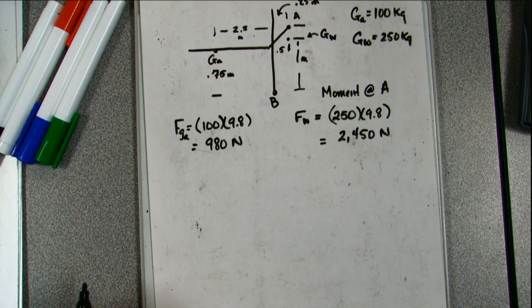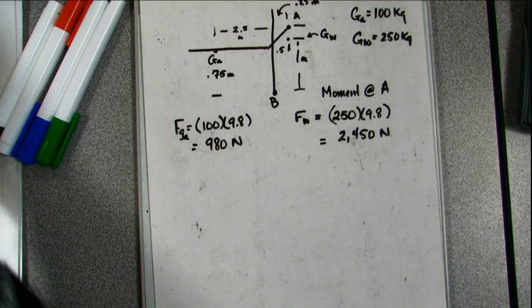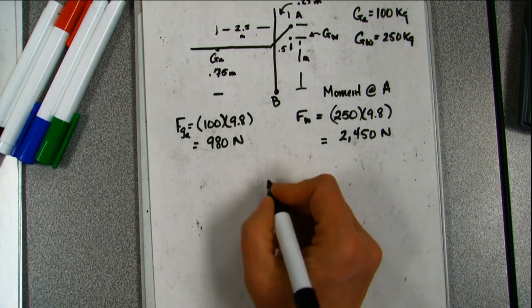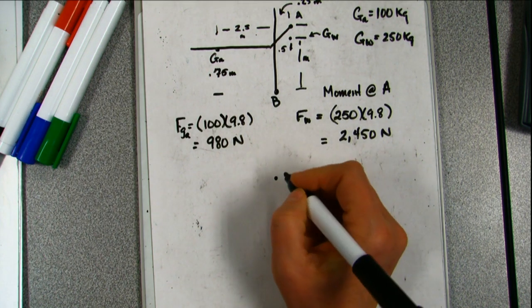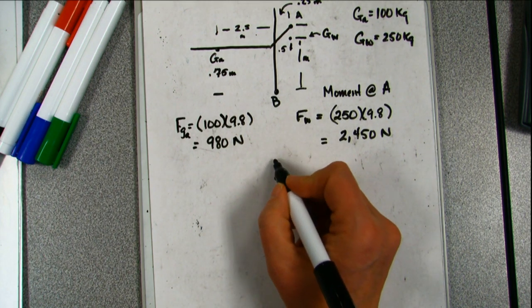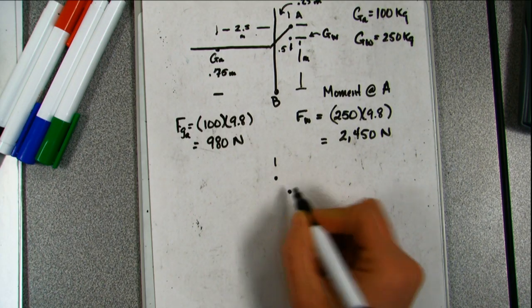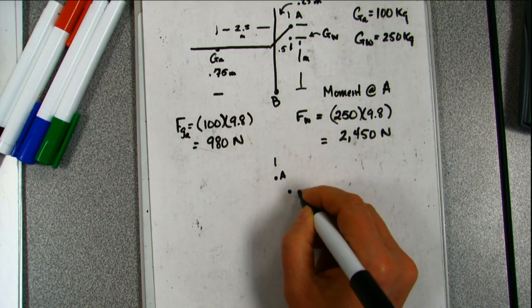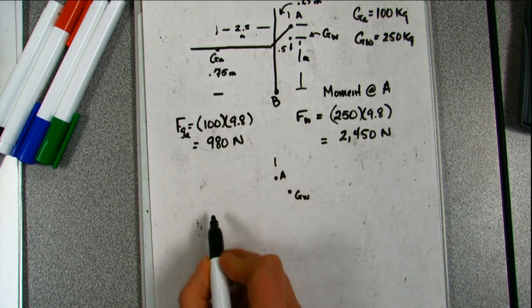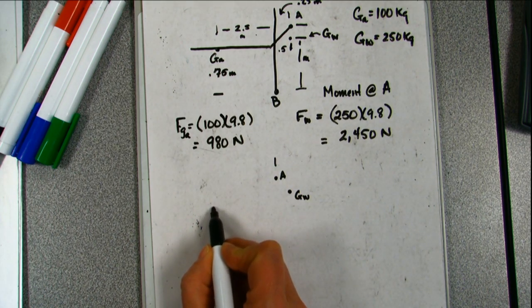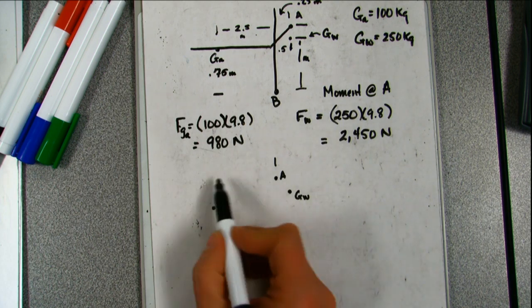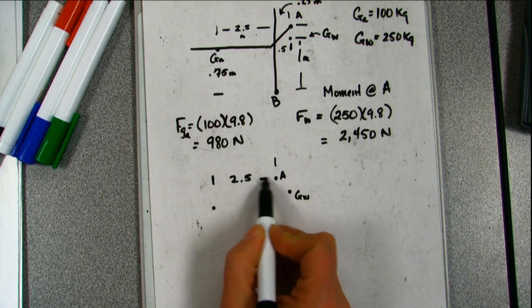So if I do this, let me do the moment about A. I'm going to look at A here. This is my counterweight, and this is A. I have this there at 2.5 away.